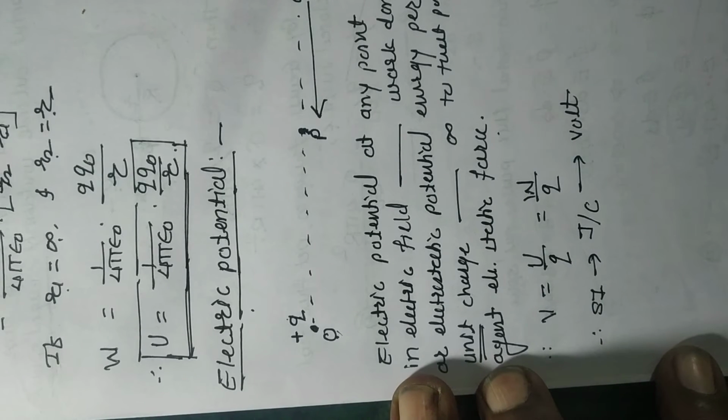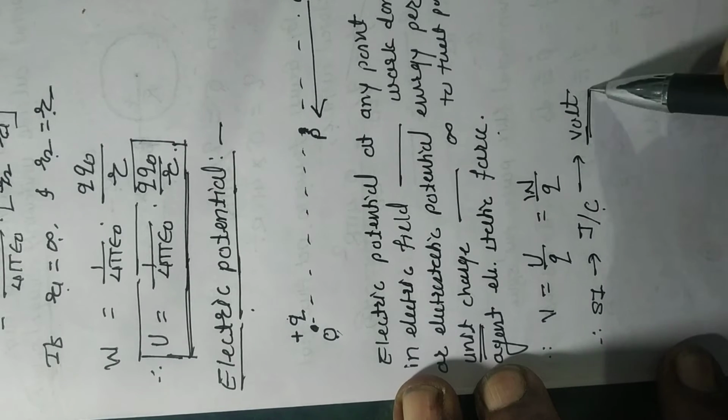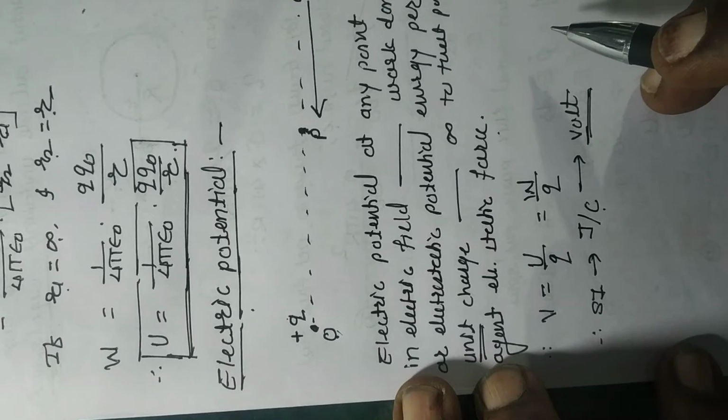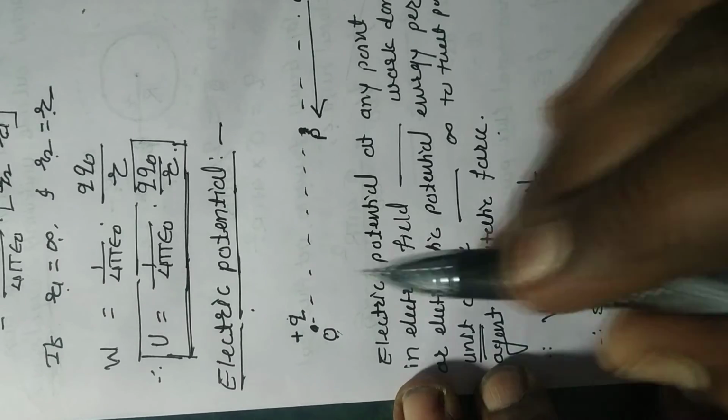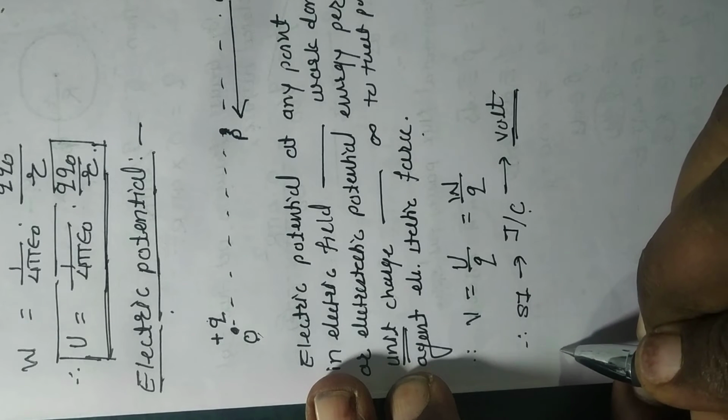SI unit of electric potential, that is joule per coulomb, or convenient SI unit is volt. This is about electric potential. Now expression.